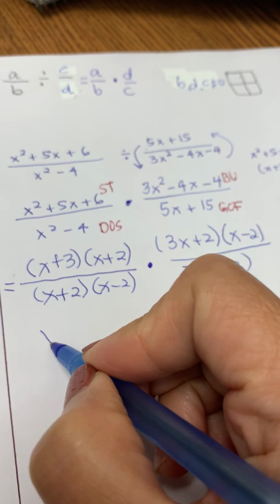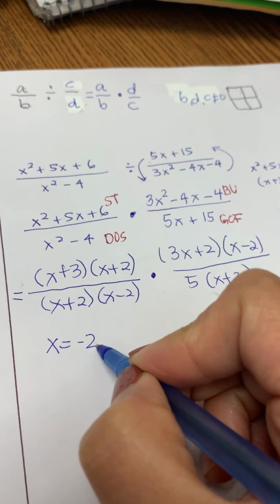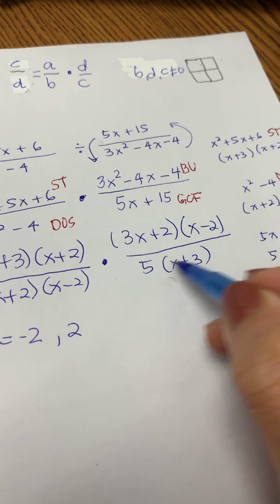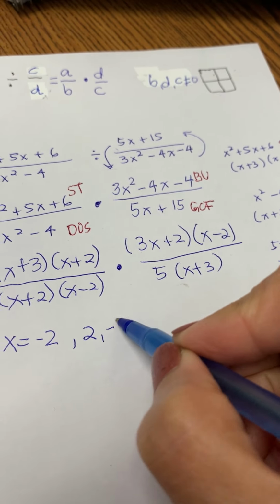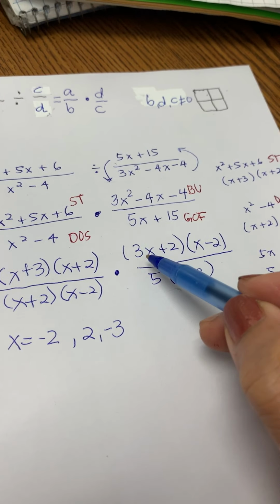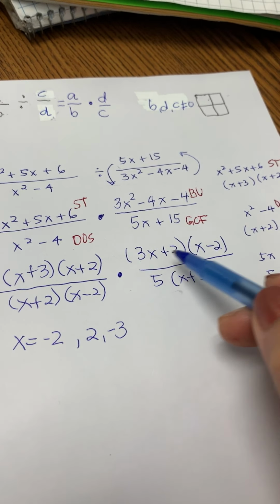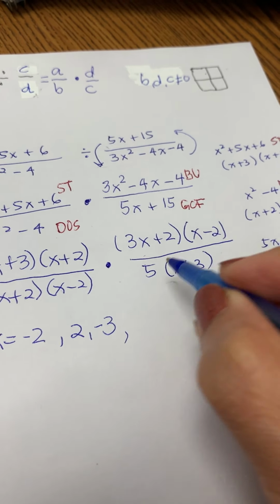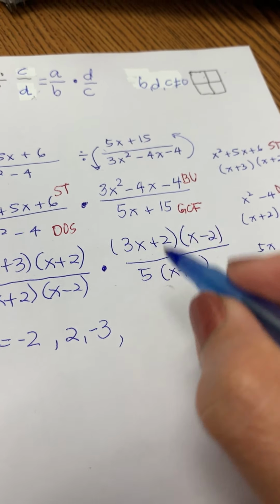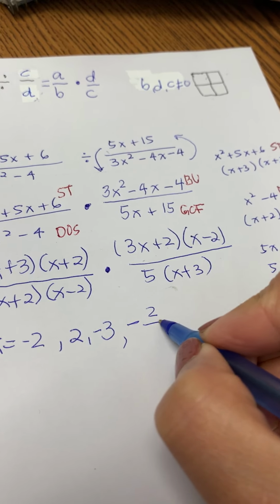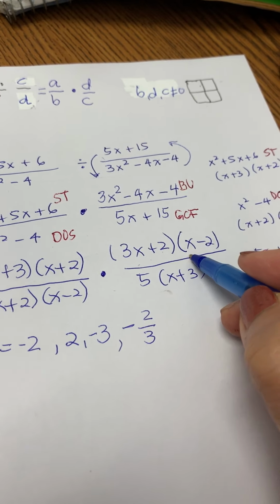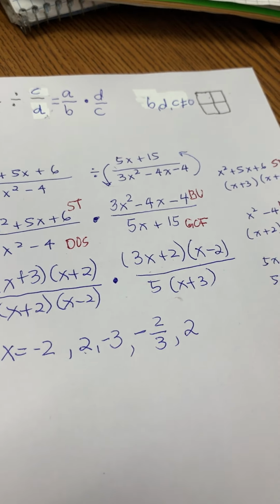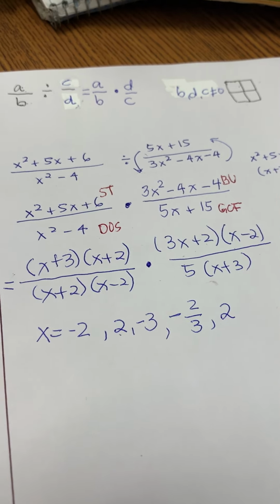This one will be negative 2 for this portion here, negative 3 here, and the new thing is this should not be 0 also, this part here. So 3x plus 2, that will give you negative 2 over 3. And 2, that's already there. Anyway, if you like to write it here, that's okay.